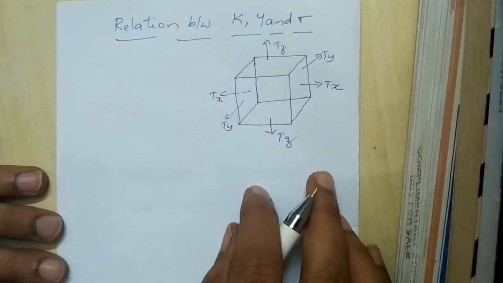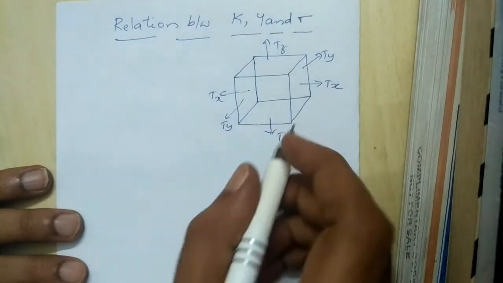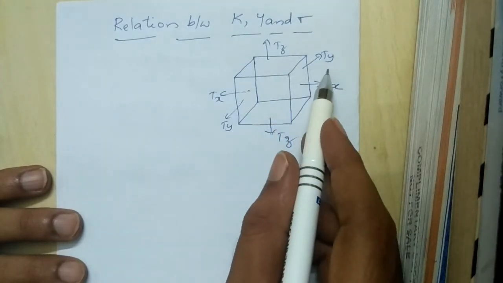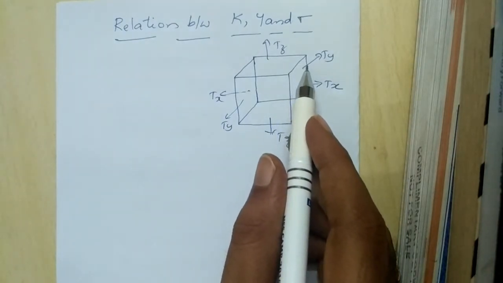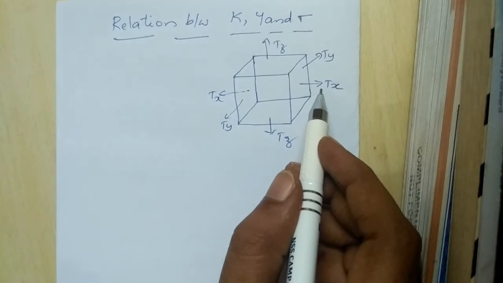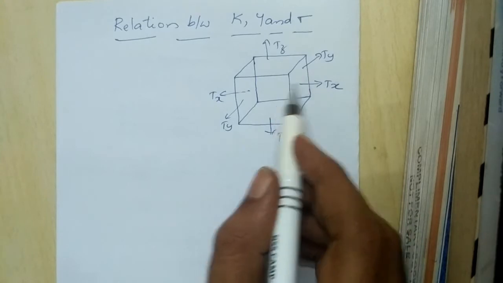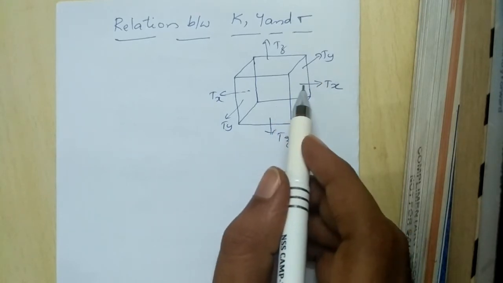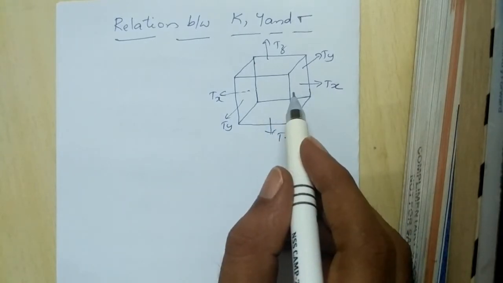So let us consider a unit cube, whose sides are unity, and let Tx, Ty and Tz be the outward stresses acting along the three axes x, y and z respectively, and let alpha be the elongation per unit length per unit stress along the direction of the forces, and beta the contraction per unit length per unit stress in a direction perpendicular to the respective forces.